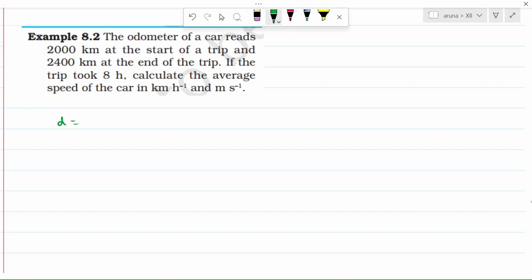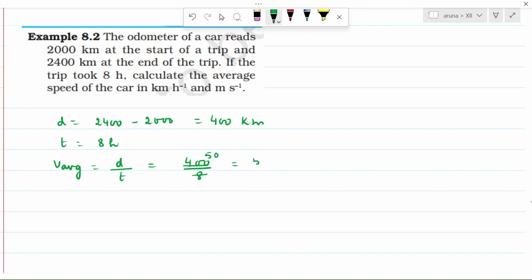The distance traveled will be 2400 minus 2000, which is 400 km. The time taken is 8 hours. So average speed is again d by t, total distance upon total time. So 400 upon 8, when you calculate, it's 50. So the answer is 50 km per hour.